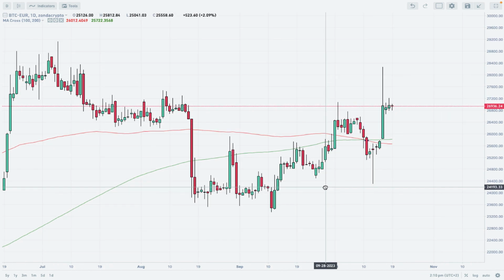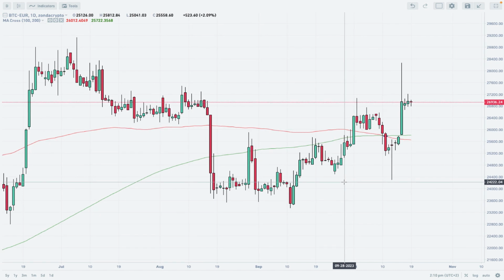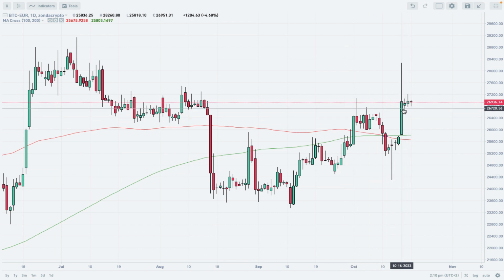Which one of these candles is particularly interesting? You can take a look here on this kind of a candle. As you can see, it's pretty interesting to spot that the high, of course, is made at the level of 28,260, but this candle closes roughly in the middle of the spread between the high and the low, right?